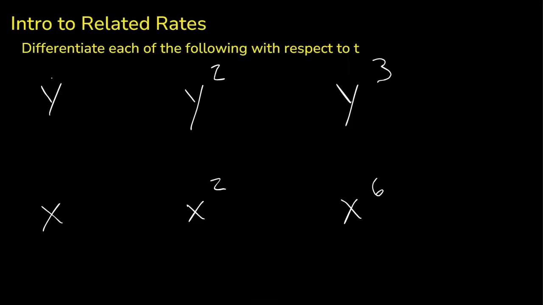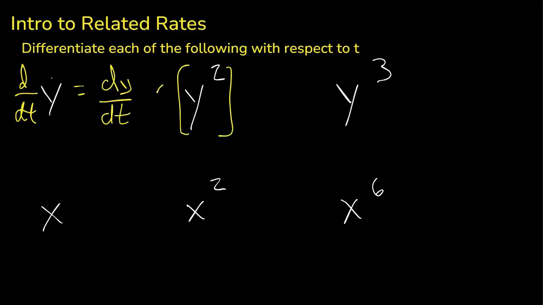It always helps to have a bunch of quick examples to show you how this works. We're going to treat x and y here as functions of t and differentiate each of them with respect to t. So this one, differentiated with respect to t, is going to be dy dt, and you want to use the Leibniz notation here.